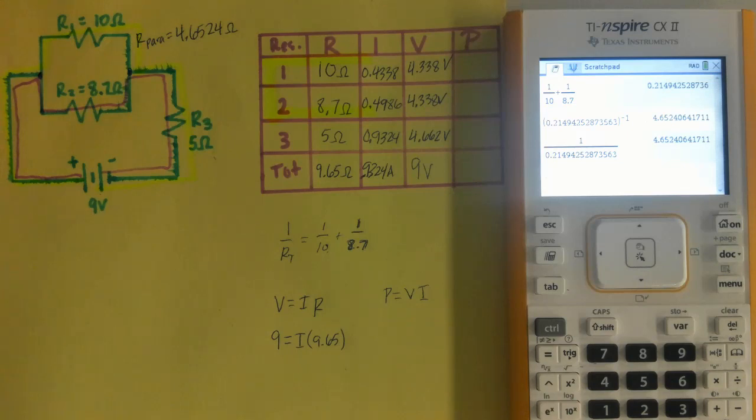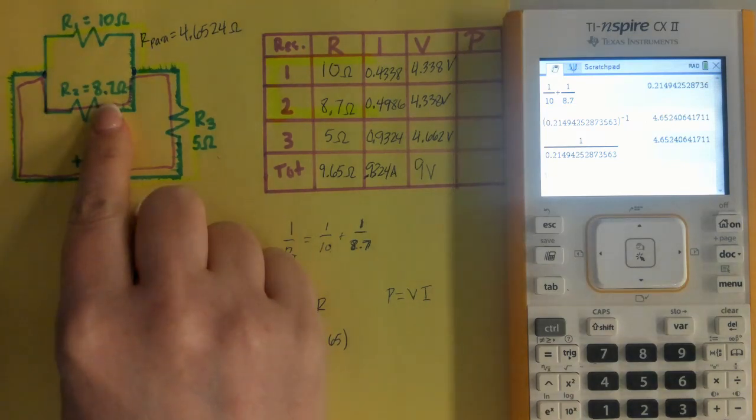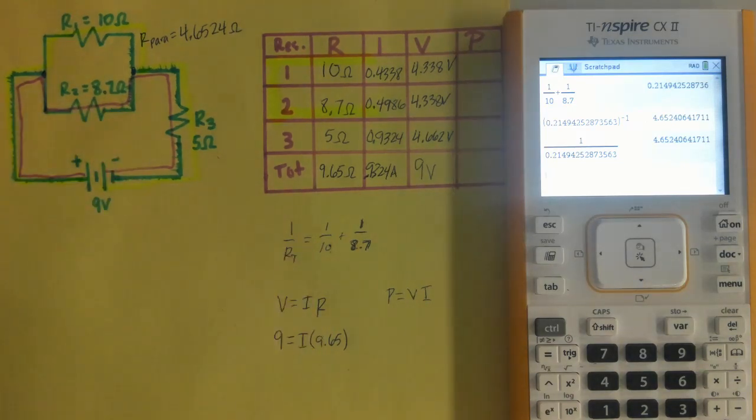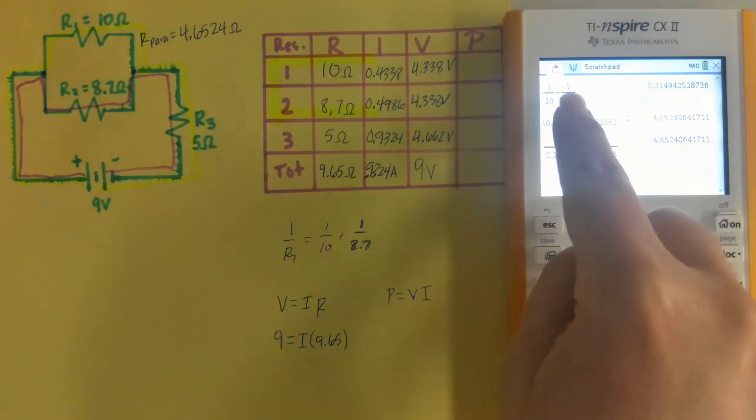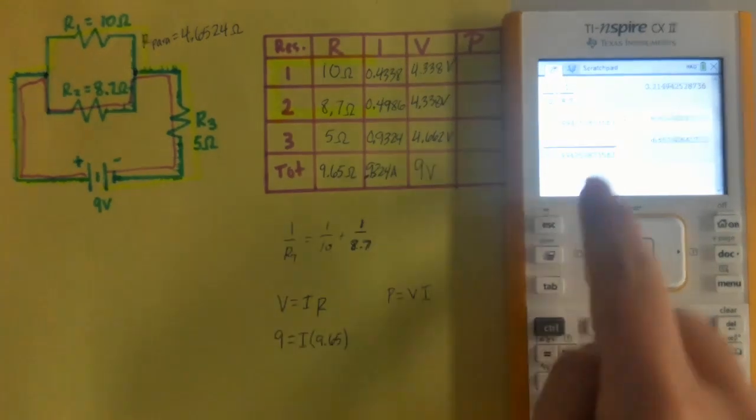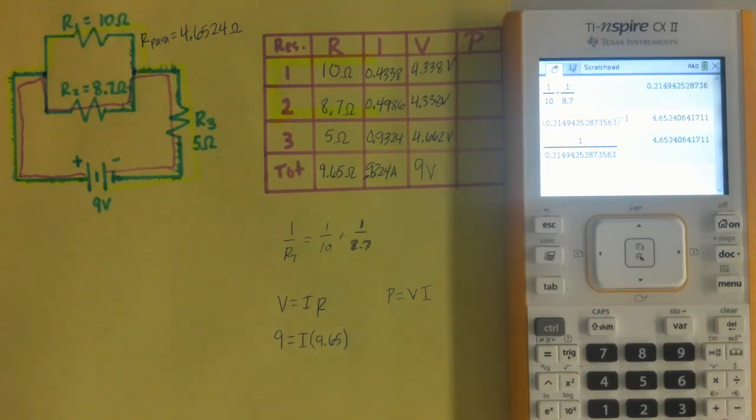And so that's what you need to do with these calculators. If it's not a situation where you have a really easy common denominator to find, then I would recommend using the calculator, typing them in as fractions, and then when you get that answer, doing 1 divided by it or raising it to the negative 1.